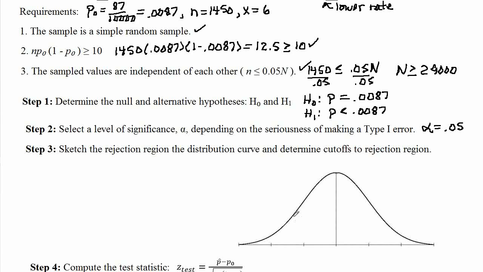We're going to have a cutoff, let's say right here, and alpha equals 0.05 is going to be the area to the left of this critical z-value right here. And that z-value, we can get from the table of common z-values, which is in the formula sheet for the chapter.